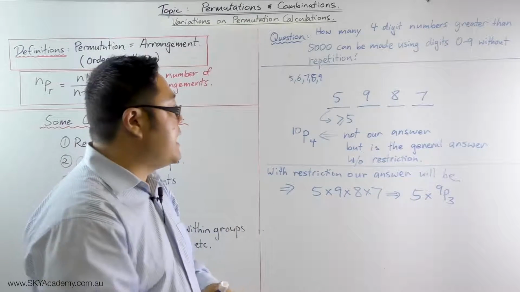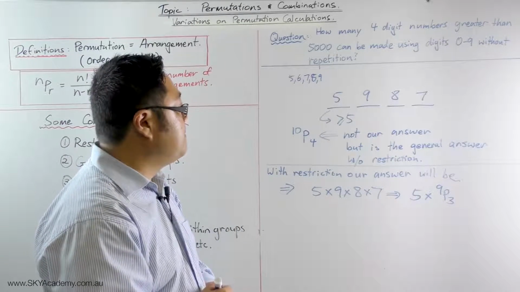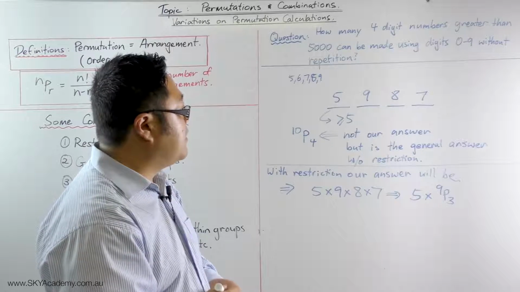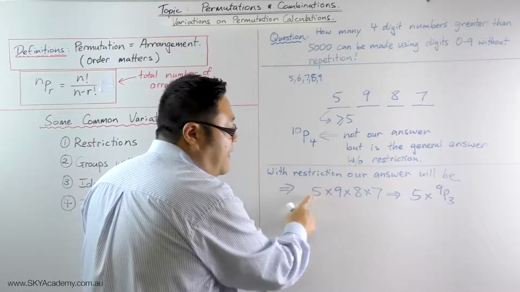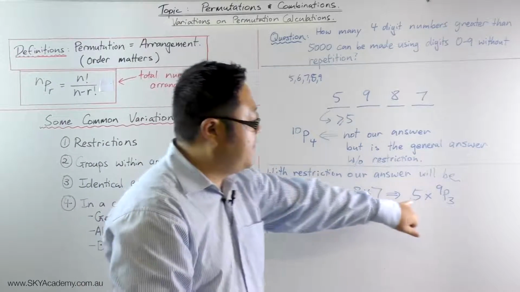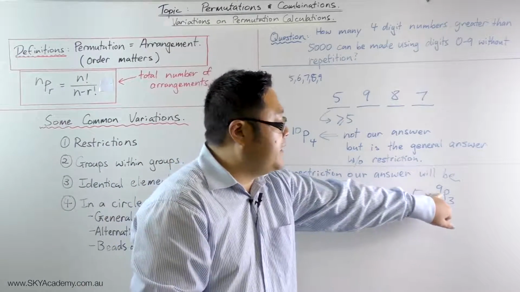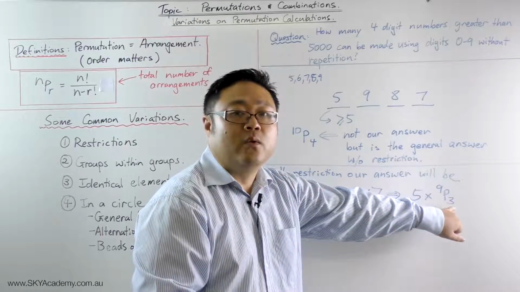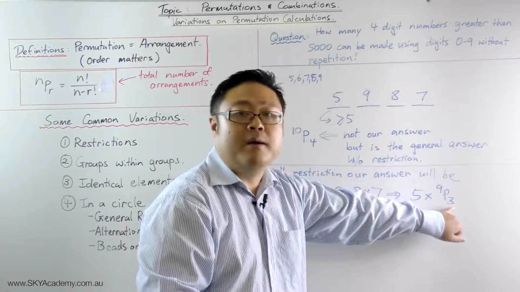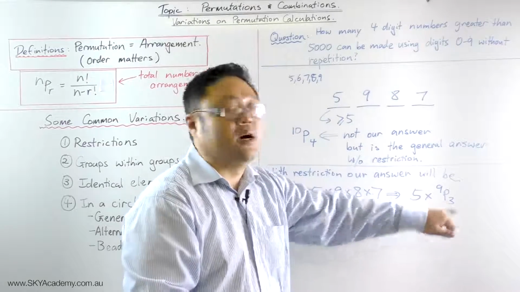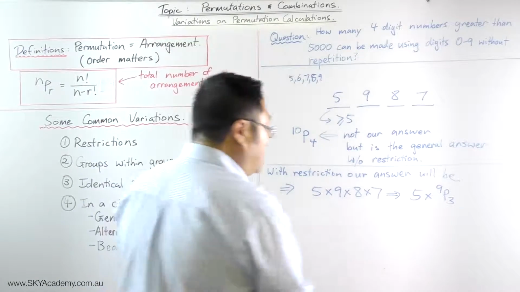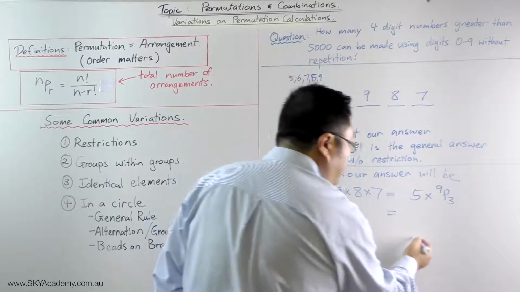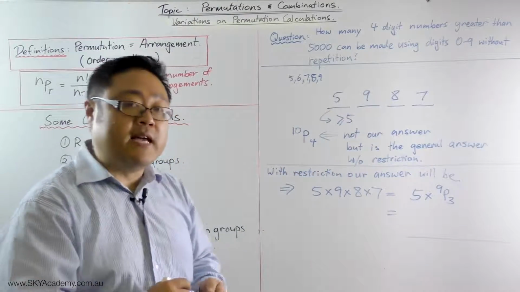The reason why we get that is because we'll have this 5, you can't do anything about this 5, right? But then you'll have 9 digits left over, of which we need to fill 3 positions. So it's 5 times 9p3. You can work that out on your calculator, and it'll give you a specific answer, which will be the answer that we want.